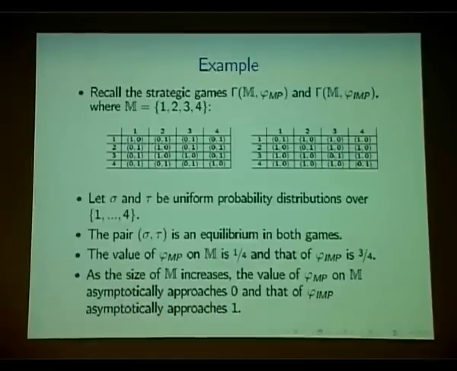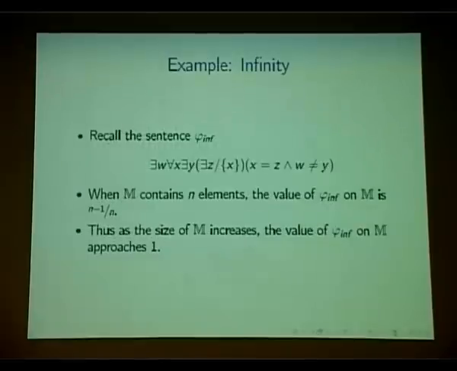The same kind of method will show you that in the case of the sentence defining infinity, which I mentioned before, the value on finite models is going to be n minus 1 divided by n. So as the size of the universe increases, its value is going to approach truth. It's going to approach 1.